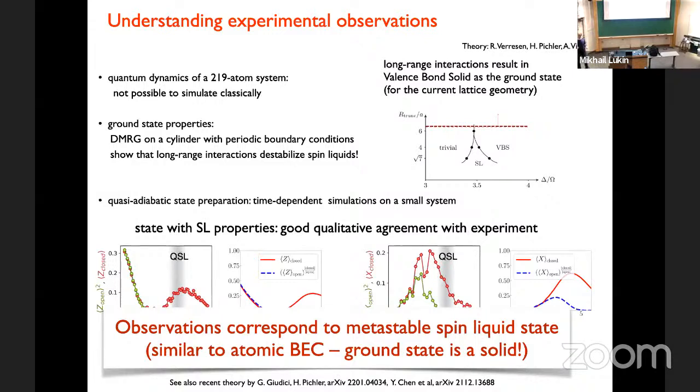That's the best possible numerics one could do. Yes, 1 over R6 apparently destabilizes the spin liquid in the ground state. So this is basically the truncation radius. We are way above, right? Basically we should not be.